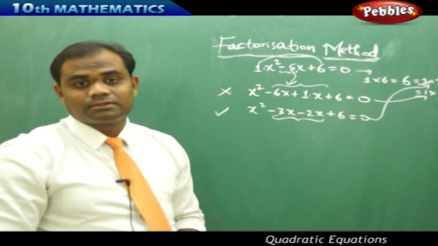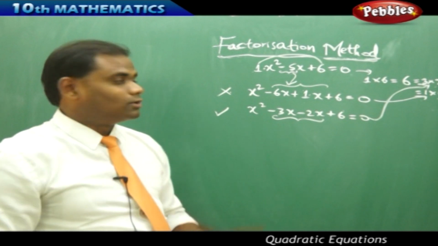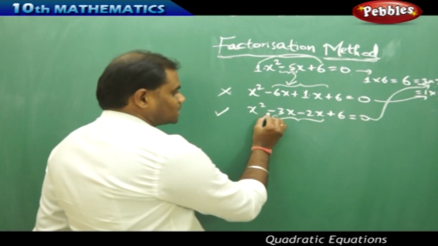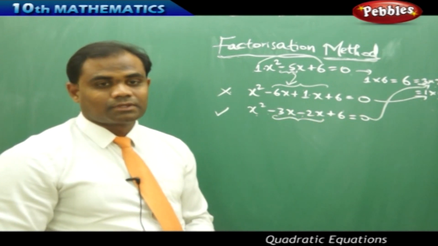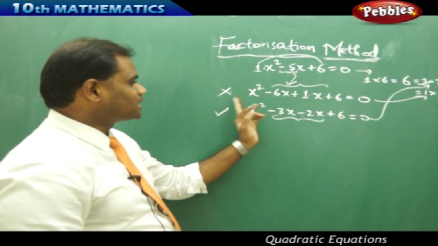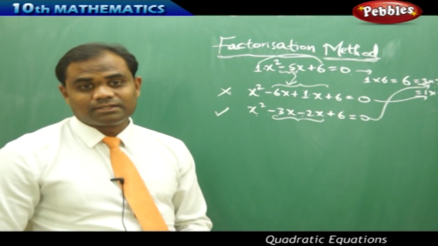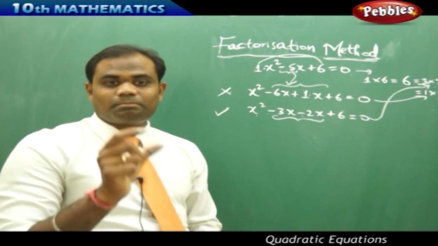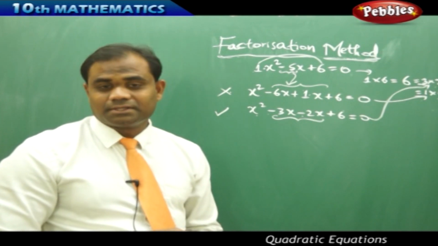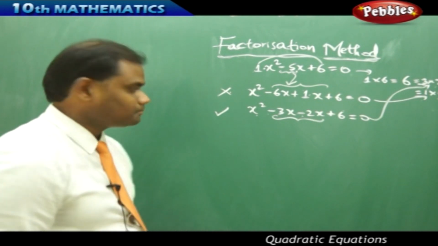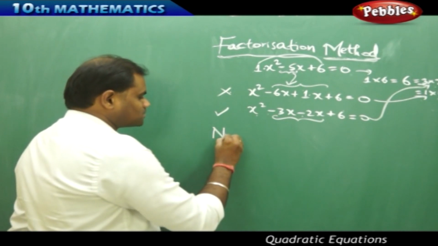What is the reason? Because this equation has 2 even minus signs and 2 even plus signs, but this has 1 odd minus sign and 3 odd plus signs. If you have even minus or plus signs, we can factorize. If you have odd minus or plus signs, we cannot factorize. So a very important note comes here.